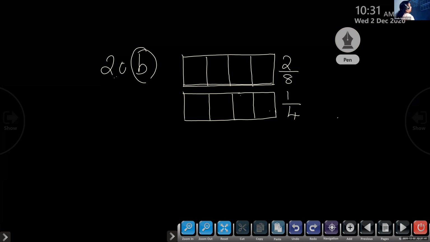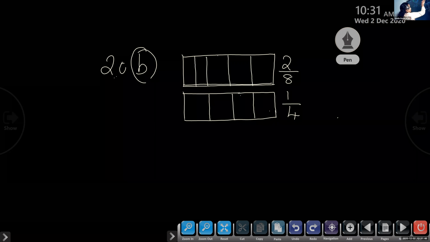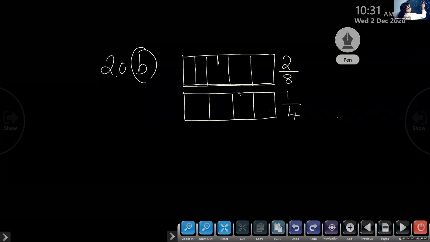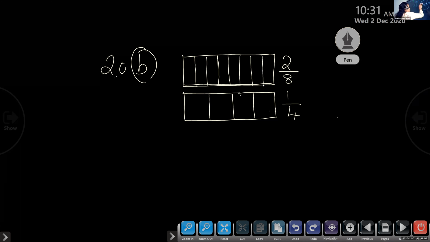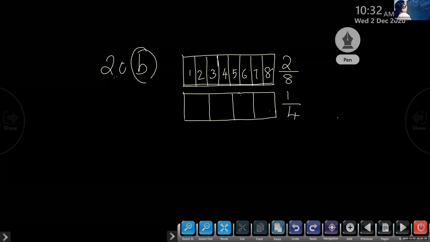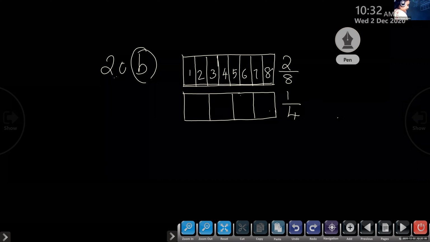Otherwise, after the class, you have to check again the notes and write. So here, each part you have to divide into 2. So you will get how many parts? 6, 7, 8. So we are doing page number 6, question number 20B.